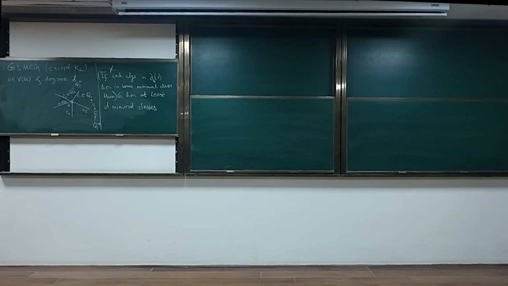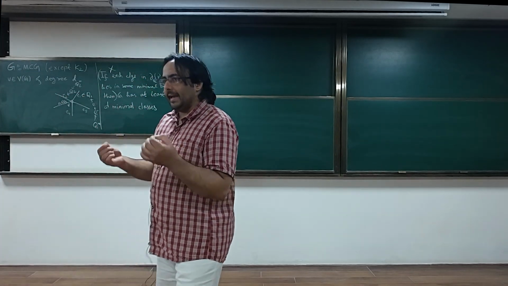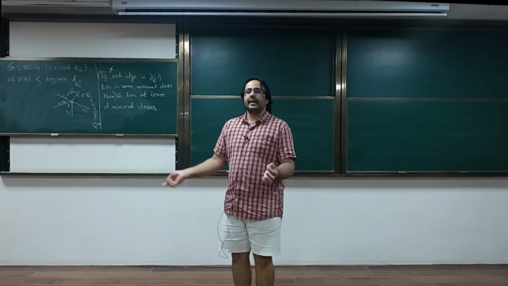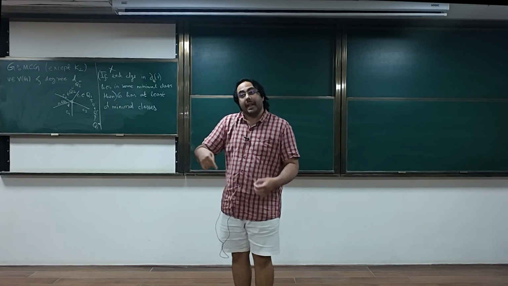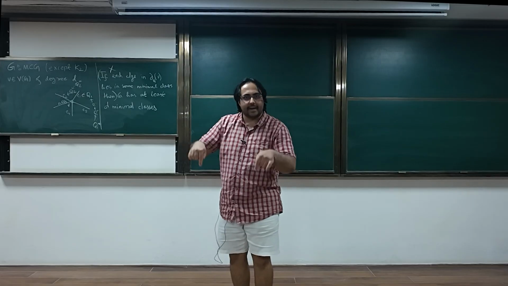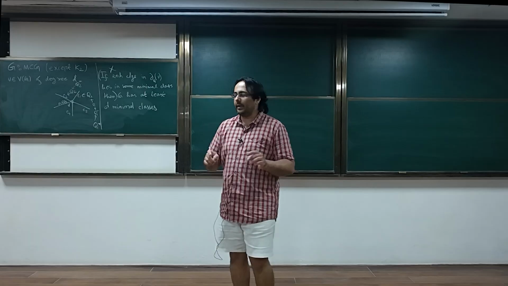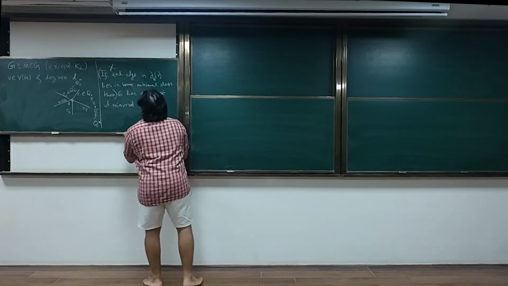Is that fine? We don't need to define it. So, for any edge of a matching covered graph, there is a minimal class that depends on that edge. That could be the minimal class containing that edge itself, the equivalence class containing that edge itself. So this is what we will define.